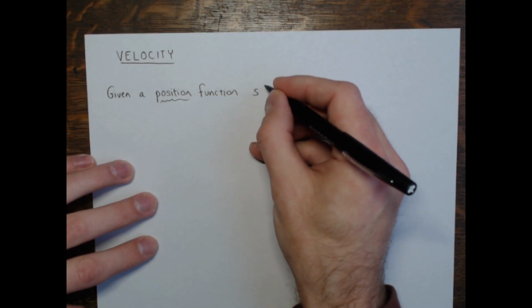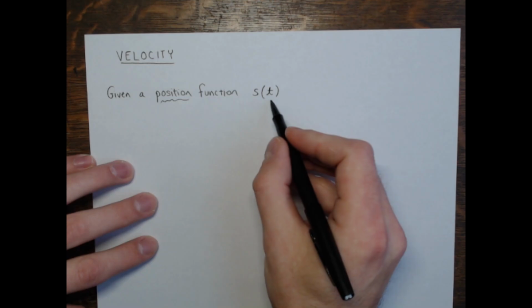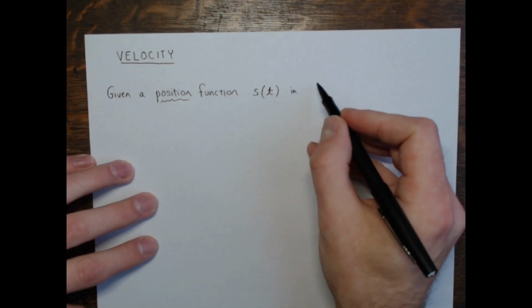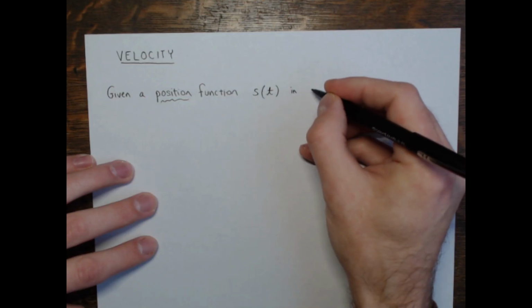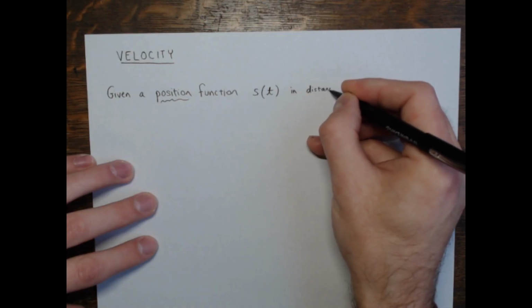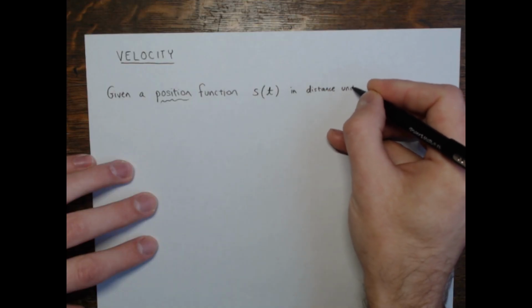S of t. So it doesn't have to be f of x all the time. Again, this represents your position in some sort of distance units, just a distance traveled, how far away you are from something.